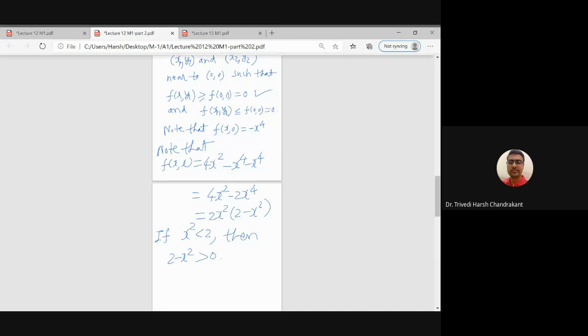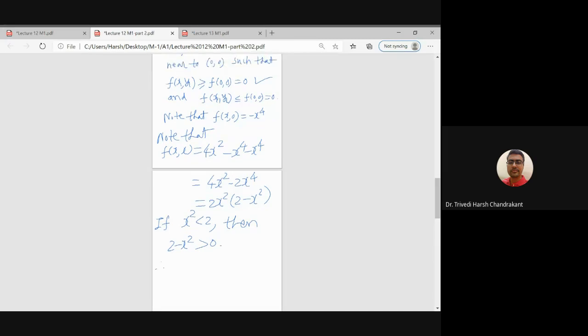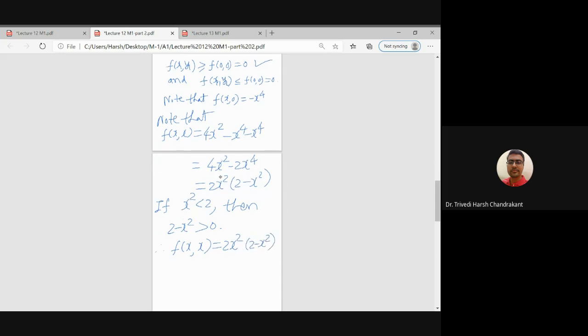Therefore f(x, x) = 2x^2(2 - x^2), which is greater than 0.